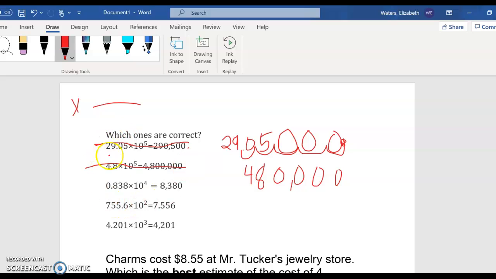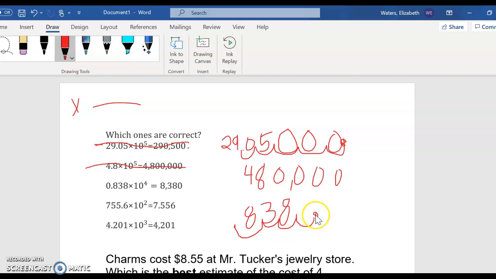So let's keep going. Make sure you go through all of them to see which ones are correct. When it says the word ones, that means it's asking you for multiple. So let's look at this one. It says decimal 8, 3, 8, and we're multiplying it by 10 to the 4th power. 4th power means I'm going to move it 4 times. 1, 2, 3, 4.